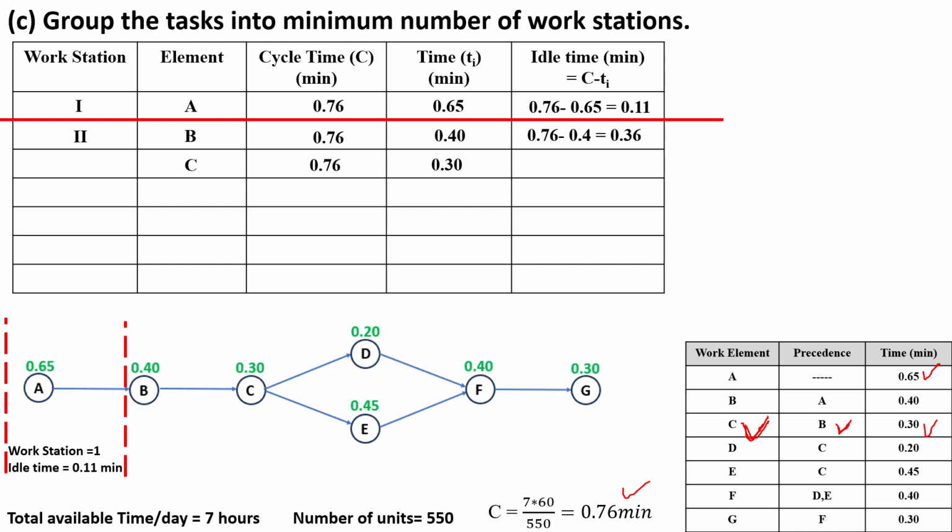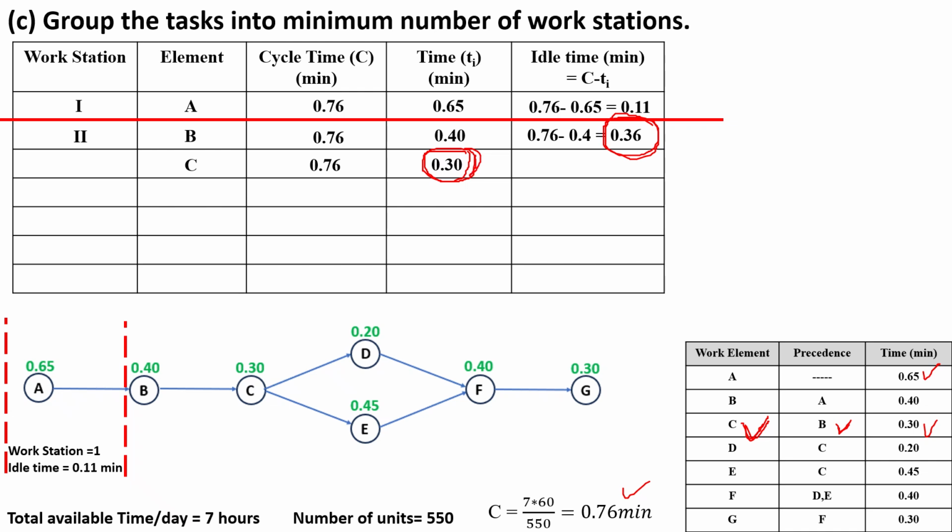Here observe, in the workstation 2, after completion of the work element B, availability time is 0.36, and processing time required for the work element C is only 0.3. Then we can add the work element C in the workstation 2.